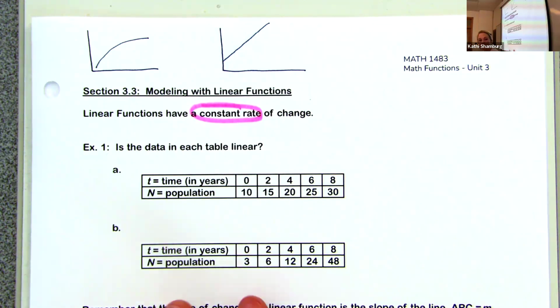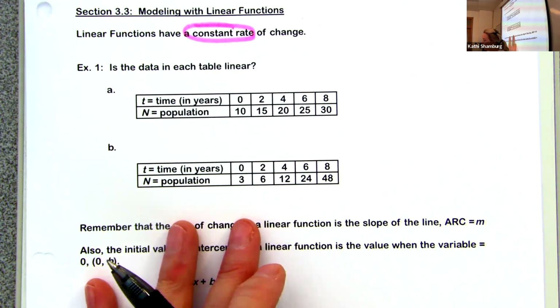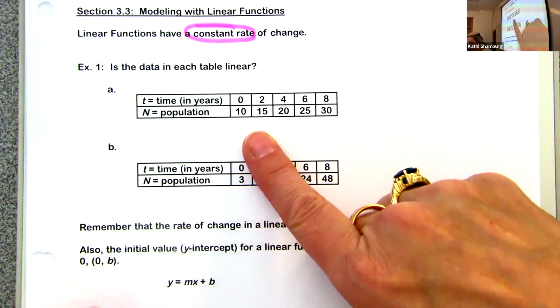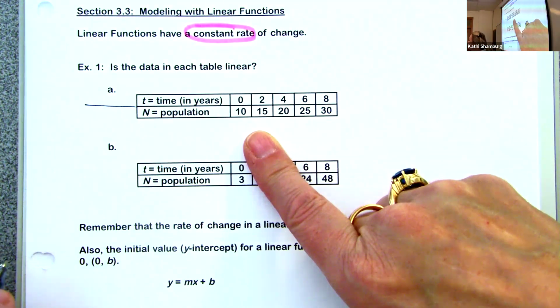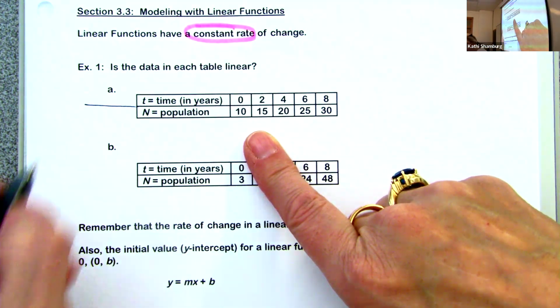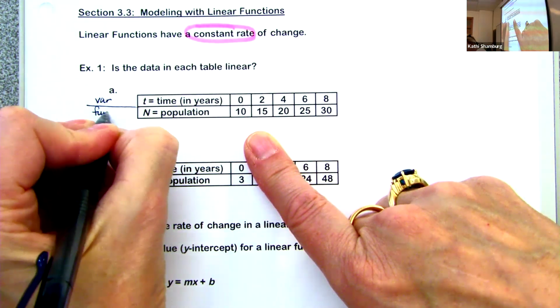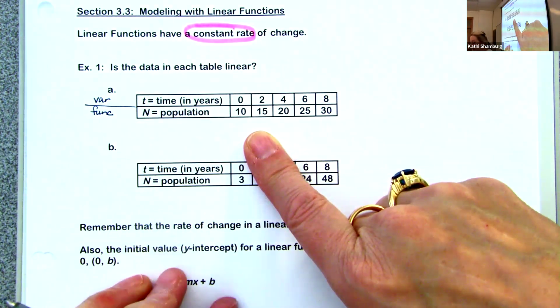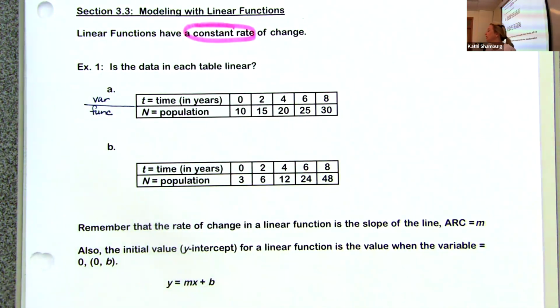Okay. So one of the things that you might be asked to do is you may be given information from a table. In a table, what's always on top? The variable. And we have the function. Now, one of the things that you've been asked to do is to calculate the average rate of change from a table, and then that would help you see what kind of rate.